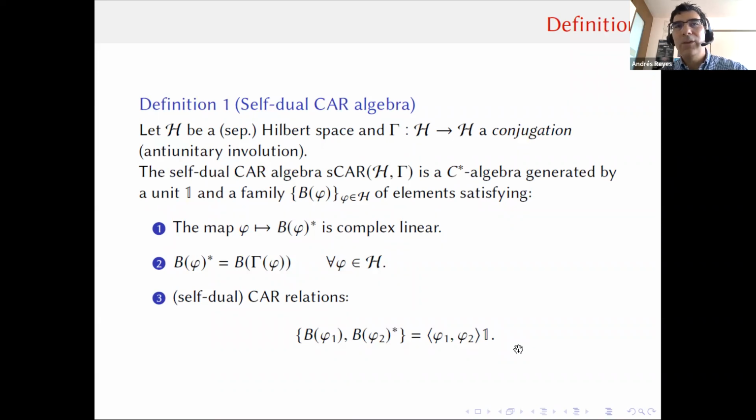These appear to be the CAR relations, but they are not because of this second condition. In practice, there is a way of relating the two of them. One can construct an isomorphism between this self-dual algebra and the usual CAR algebra. But this setting is more convenient for certain purposes.